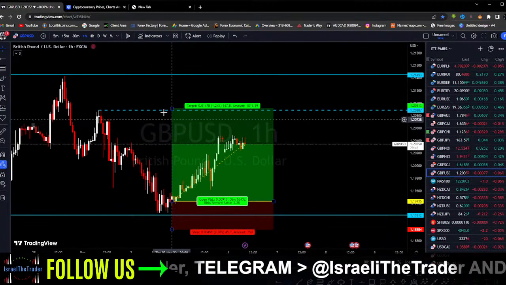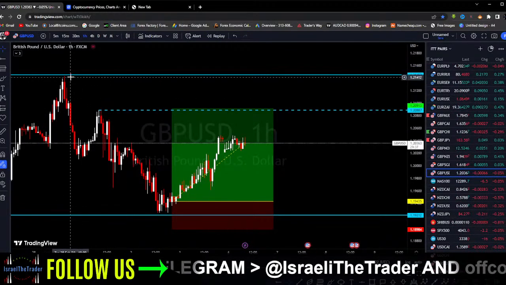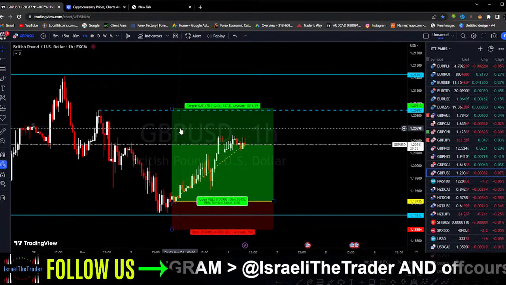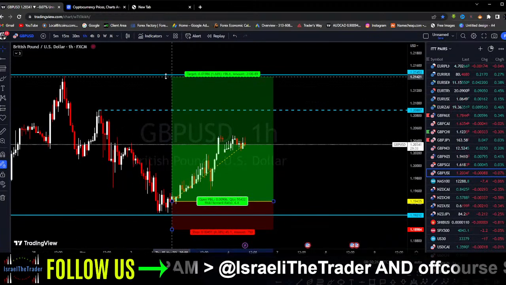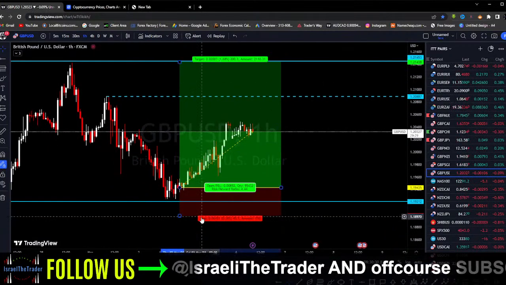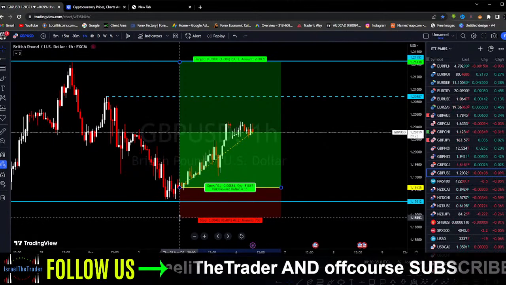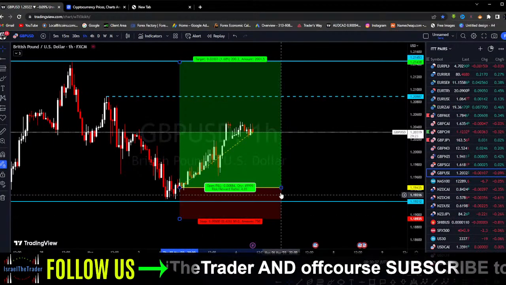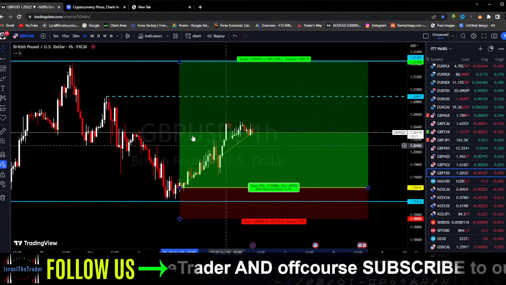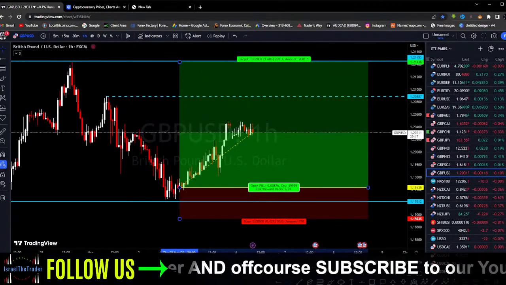But long term, this is where the final take profit is supposed to be, and it's going to go for like 200 pips, and this is going to be like 50 pips stop loss. So boom, you can see right now, this is how it is.